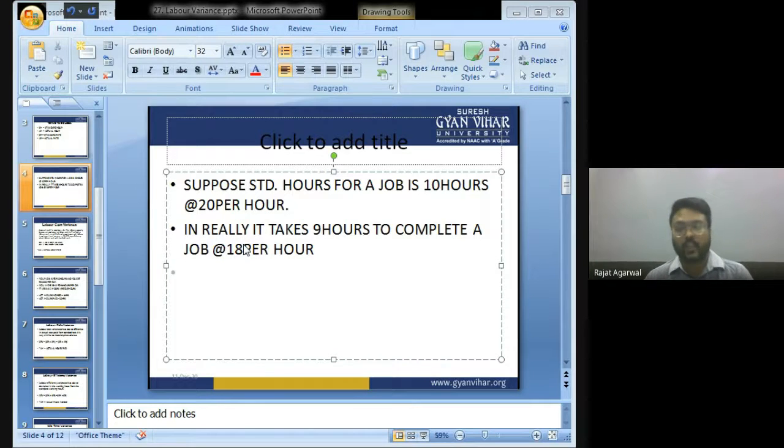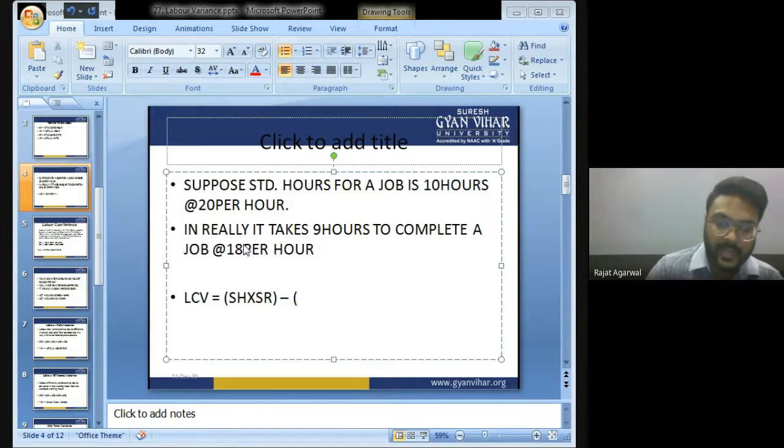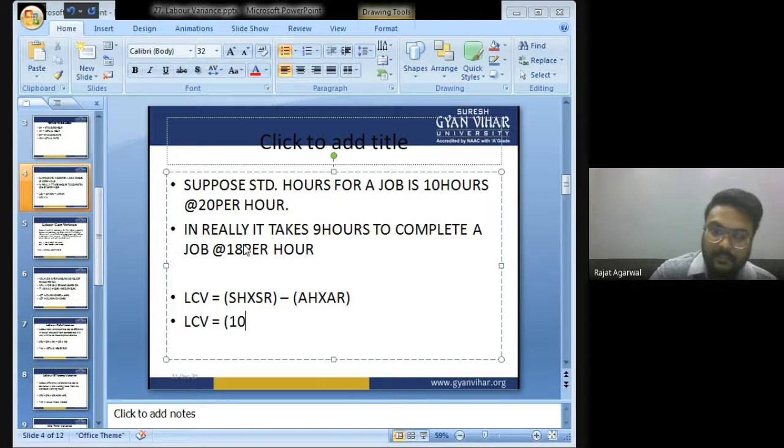Let us first calculate labor cost variance. The formula is standard hours into standard rate minus actual hours into actual rate. Standard hours is 10 into standard rate is 20.